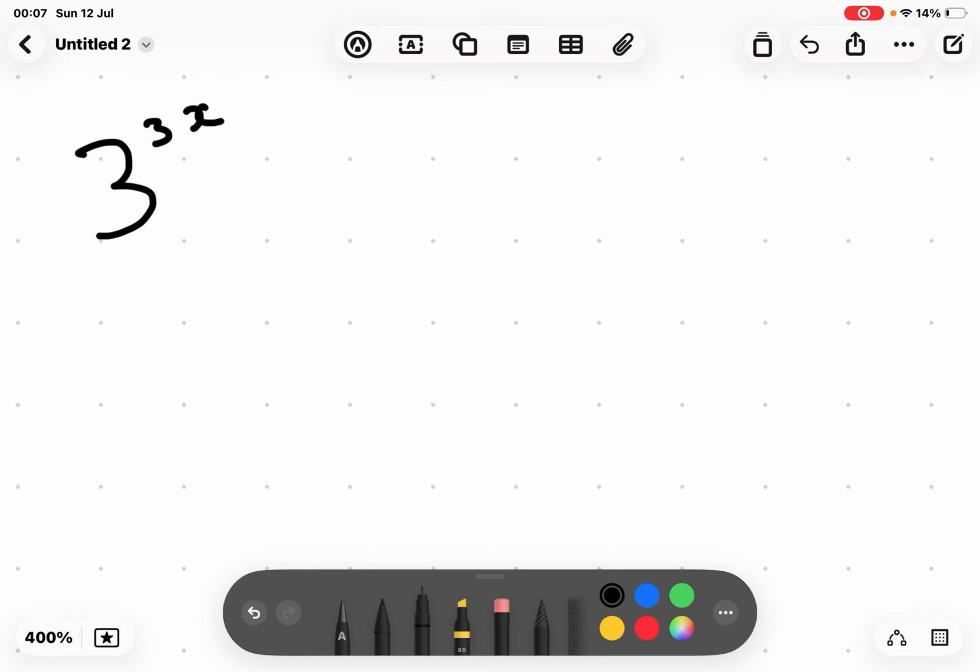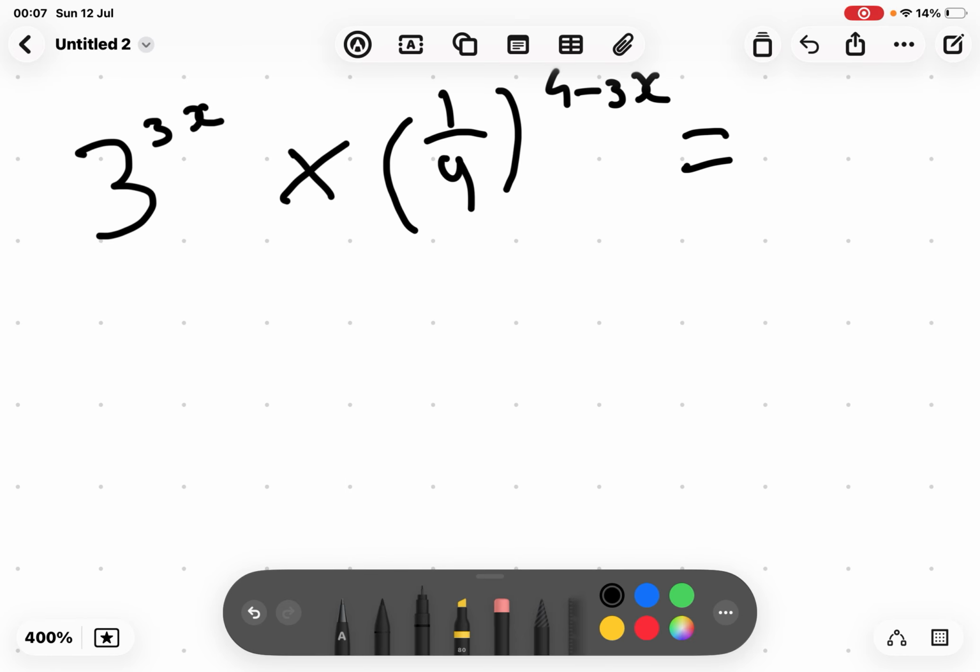Okay, I'm confused, what was the question for this? Aha, yeah. And then times 1 over 9 to the power of minus 3x equals 3. We need to solve for x. Okay. Well, I already realized something.